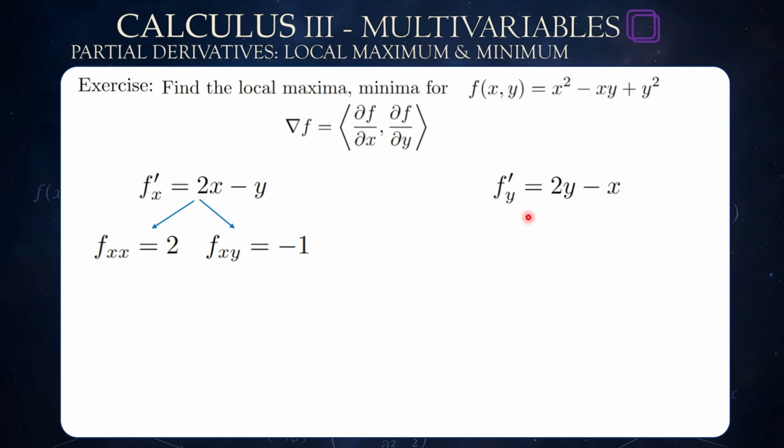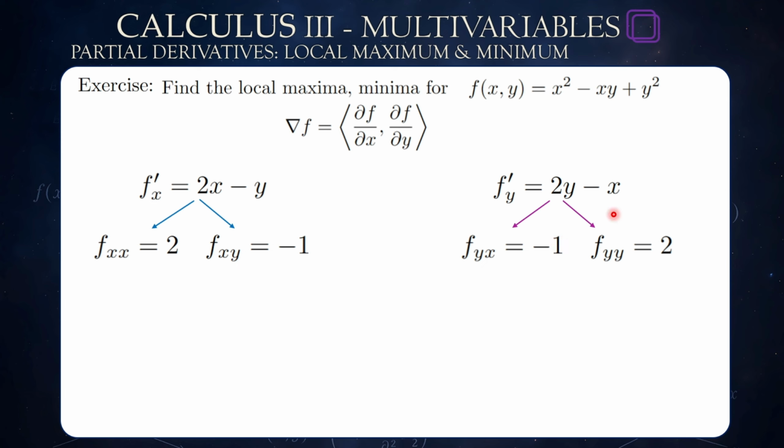F prime y, or derivative in respect of y, is equal to minus x plus 2y, or 2y minus x. Again, the second derivatives for f prime y are fyx in respect of x, which is minus 1, and fyy equal to 2 in respect of y.